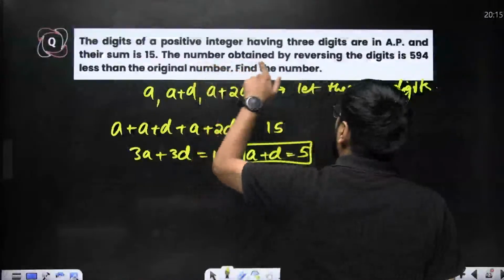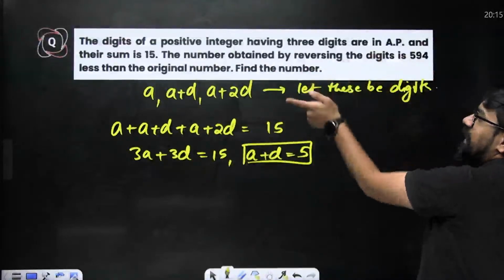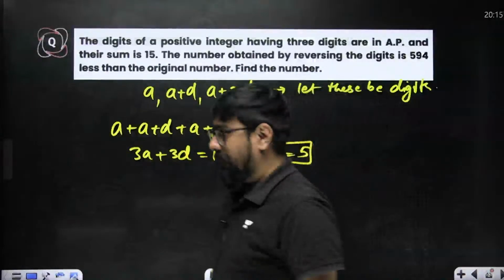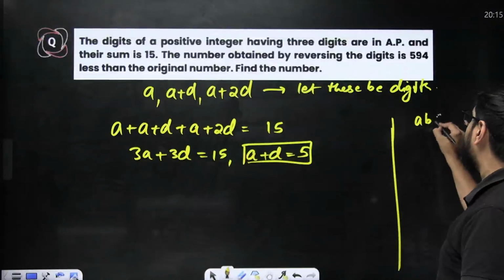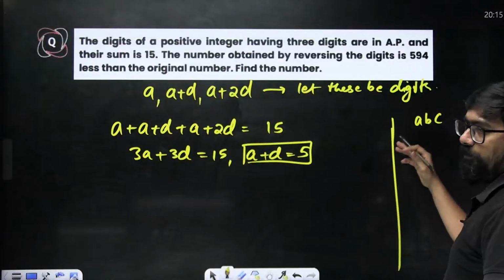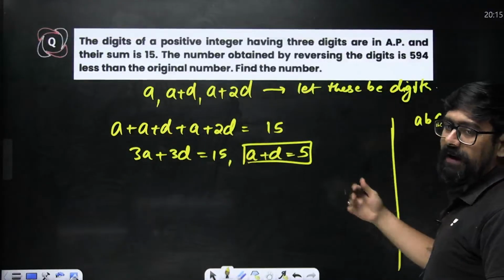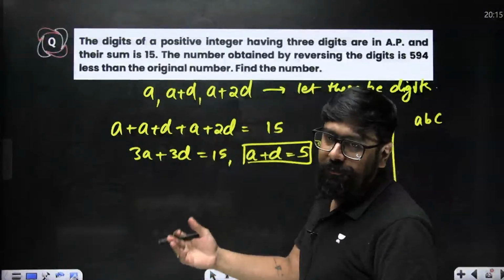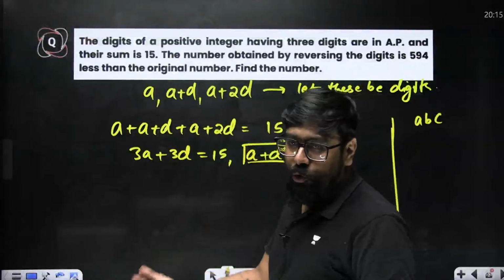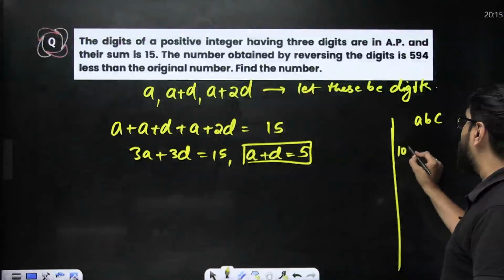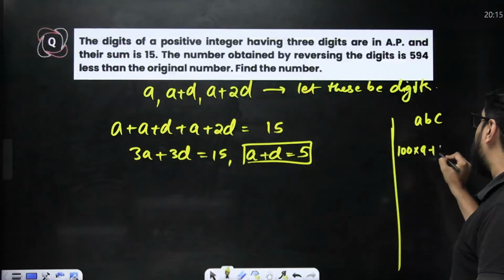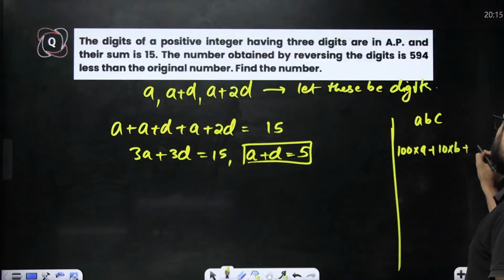The number obtained by reversing the digits is 594 less than the original number. We know how a number is formed. If a number has digits a, b, c, then how do we form 524? 100 into 5 plus 10 into 2 plus 4 into 1. So if a, b, c are the digits, the number will be 100 into a plus 10 into b plus c into 1.